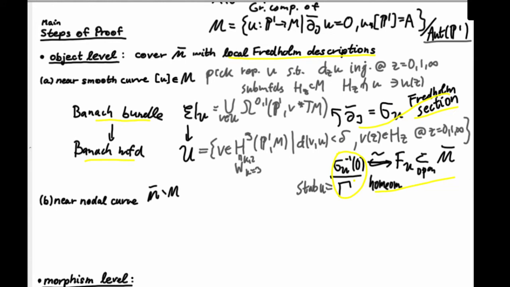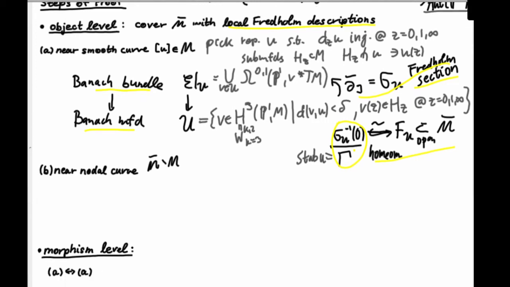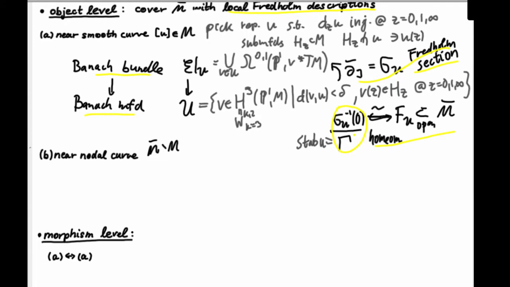And the challenge is to do something like that near nodal curves. So we're not going to do that today. That goes on our to-do list, maybe in purple, because that's going to get me into the notion of splicings.